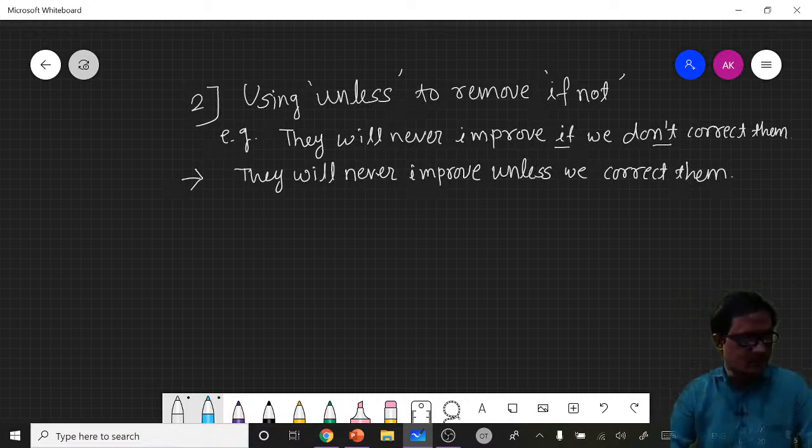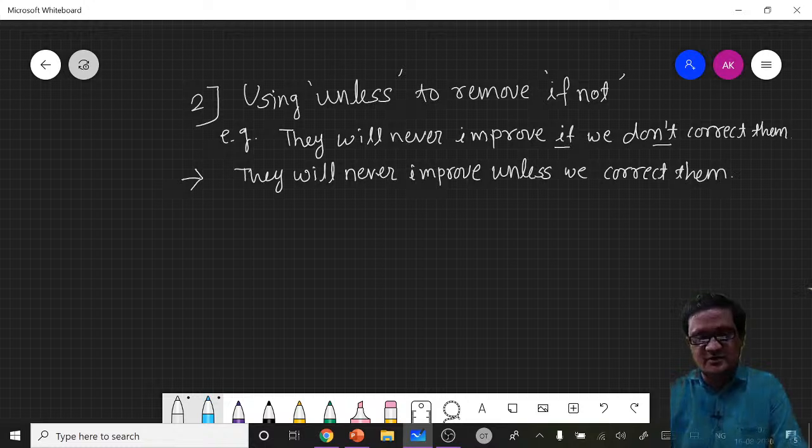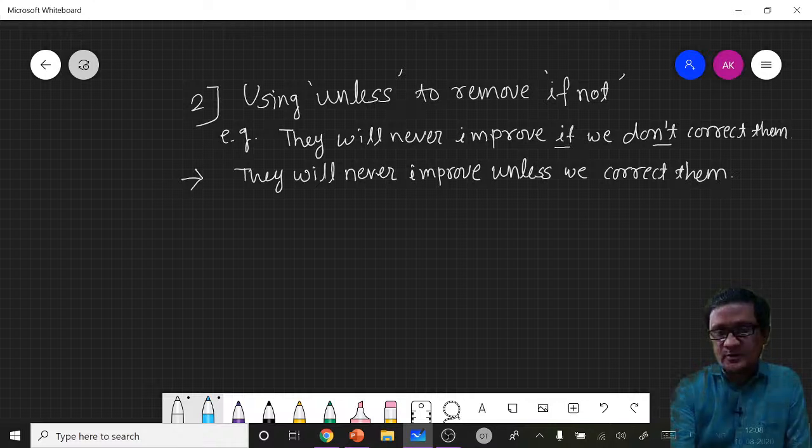One question may arise in your mind: sir, if the word never is here, how can it be an affirmative sentence? The reason is very simple. It is the rule that no two words of negation can occur in a sentence using unless. So this is affirmative. They will never improve unless we correct them.